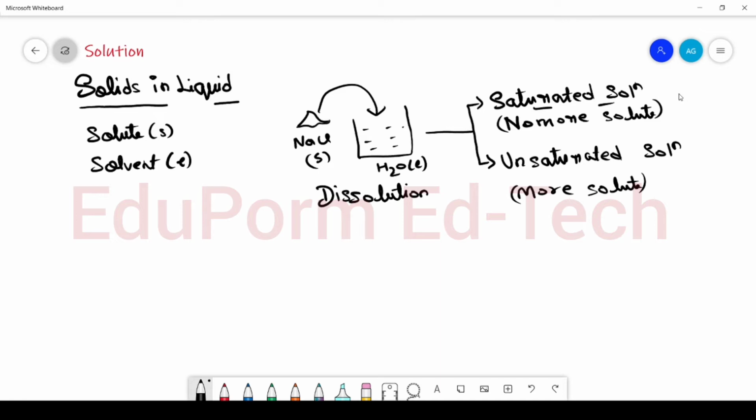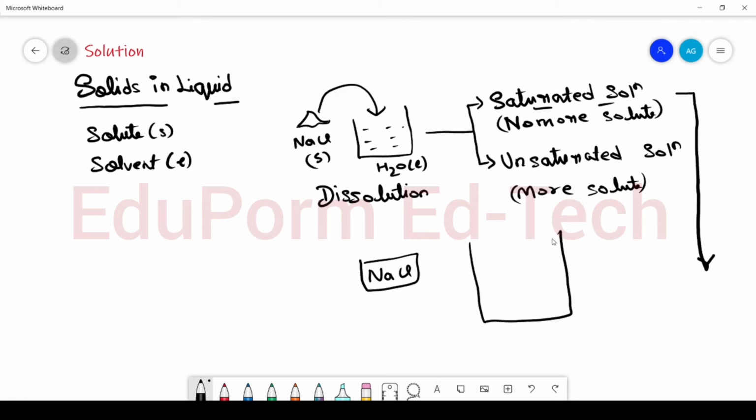So if I keep on adding my solid solute in the saturated solution, then the addition of solid solute in the saturated solution will result in collision between the solid solute particles and the aqueous solute particles.